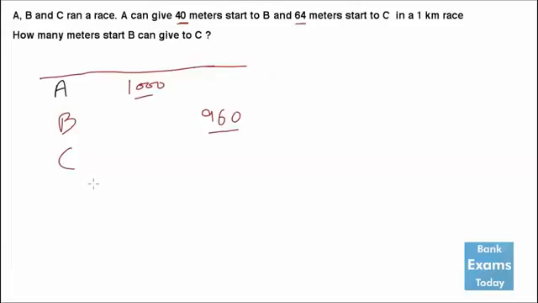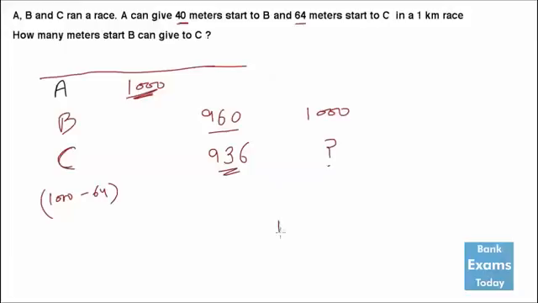So it comes out to be 1000 minus 64, so it is 936. When A ran 1000 meters, C ran just 936 meters. So now we have to find, when B ran for 1000 meters, how many meters C ran.